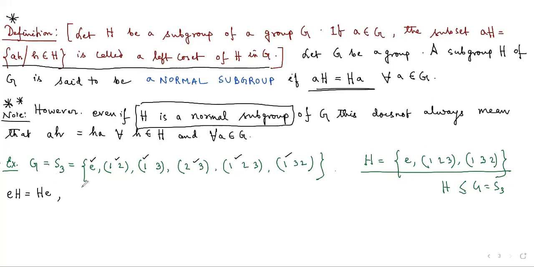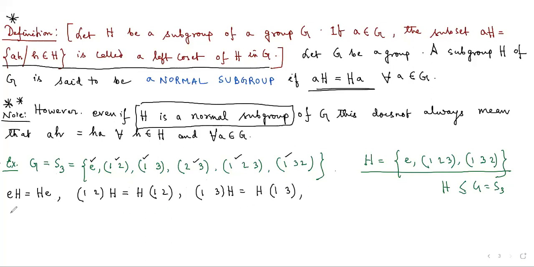You can also show that if I select the second element, then they will also commute. The second element will also commute with each and every element of the subgroup. So we can easily find that (1 2)H is equal to H(1 2). We can easily show that (1 3)H is equal to H(1 3).